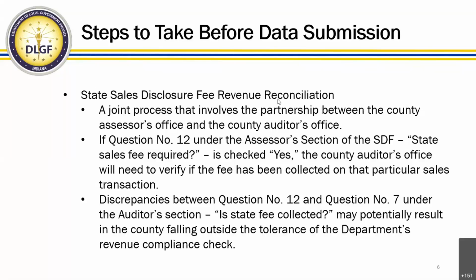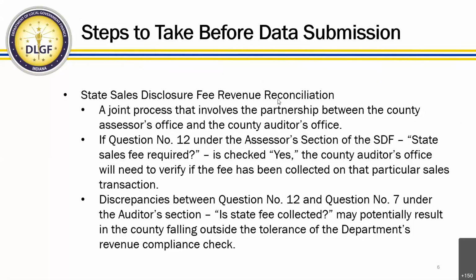The reason this is important is that if there are discrepancies between question number 12, the state sales fee required under the assessor section, and question number 7 under the auditor's section, is the state fee collected, then that might potentially result in the county falling outside our tolerance level when we do our revenue compliance check.